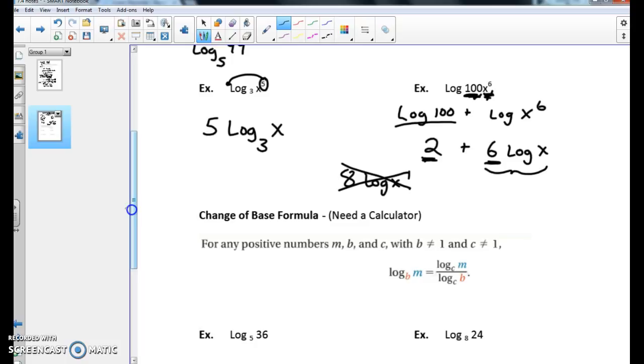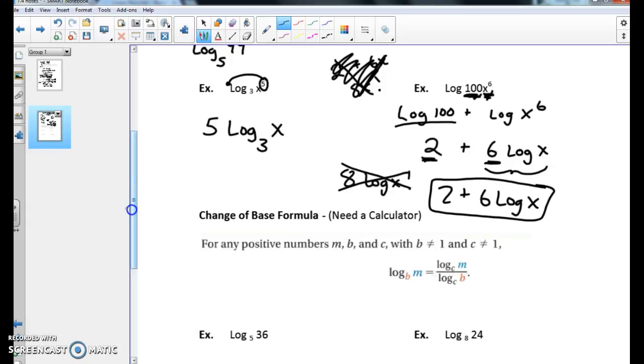We cannot combine it. That would be like saying, oh, I can combine 2 plus 6x and call it 8x. Ta-da! No, can't do that. You guys know that. So we are done at this point. It is 2 plus 6 times log x.